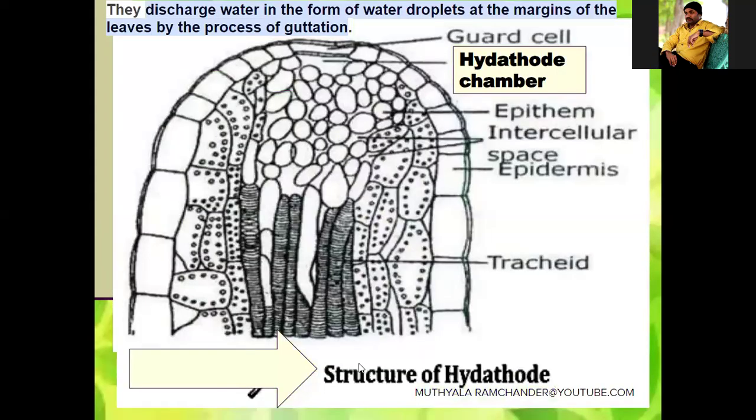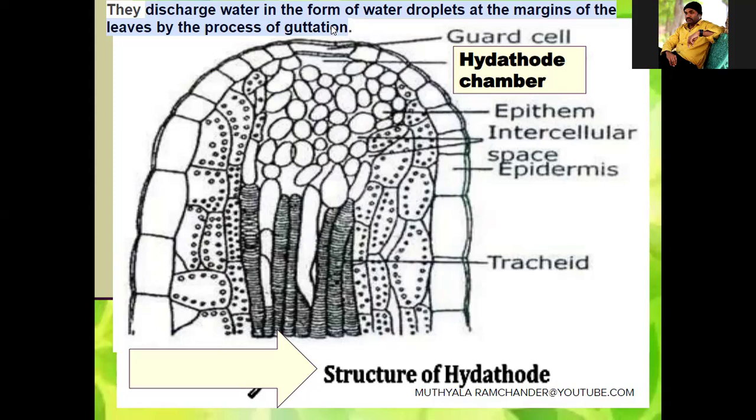And the third internal gland is the hydathode. They discharge water from the plant part through the margin of the leaves by the process of guttation. Discharge of water as water droplets.